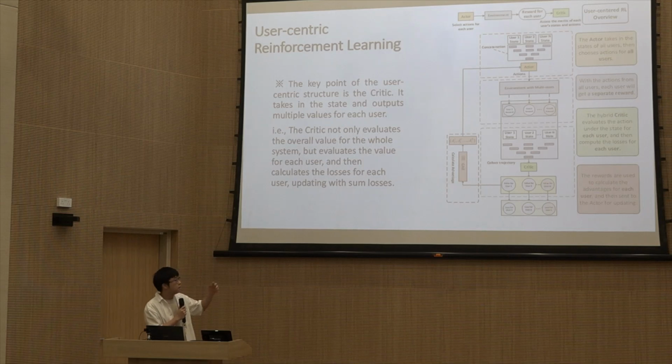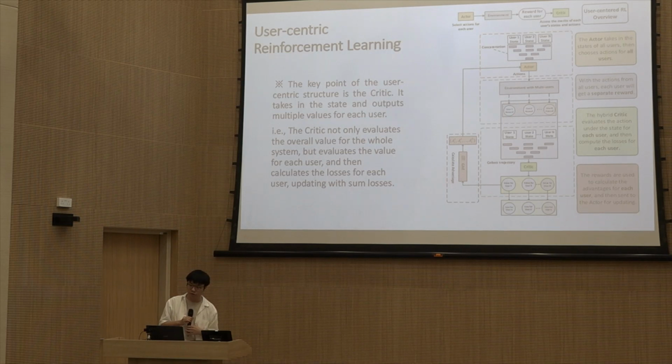So the critic has only one input, the global state, the concatenation of the states of every user, but it will output multiple values. That is to say, the critic not only evaluates the overall value of the whole system, it also evaluates the value for each user, and we update it with the weighted sum of losses from each user.